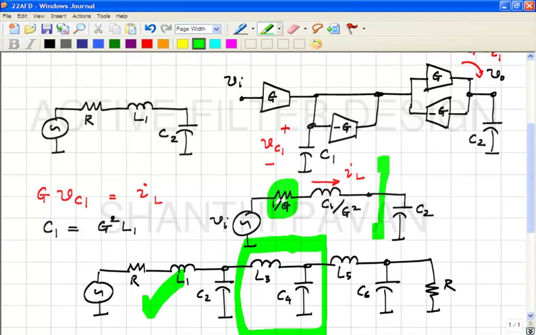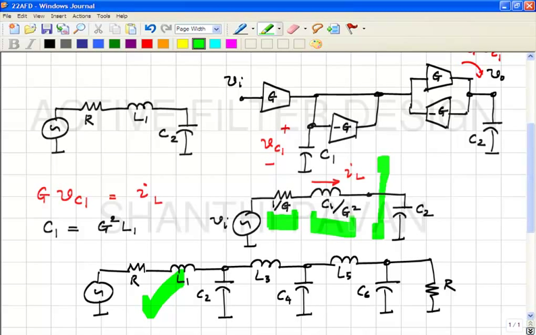You just simply replace capacitance with inductance, conductance with resistance, or you can leave conductance as it is, and series with parallel. Okay. So here we saw that we would like to have a capacitor in parallel with a conductance in order to realize a resistor in series with an inductance.